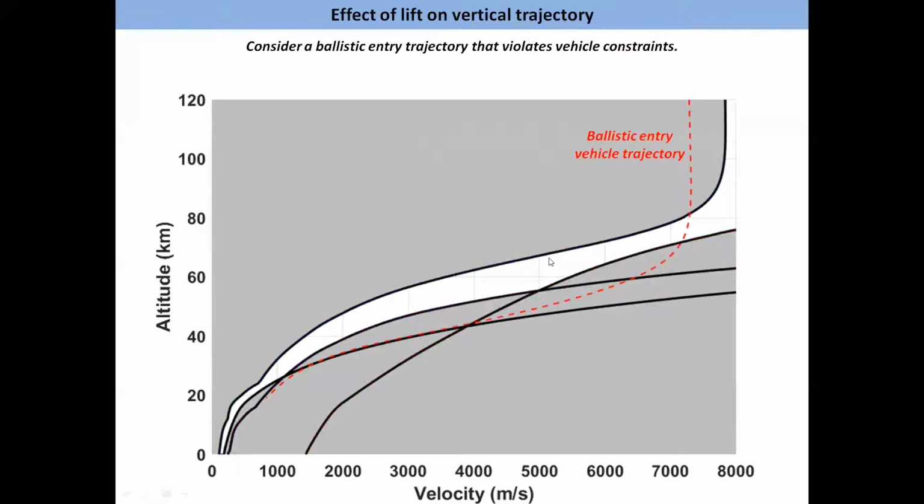Now, looking at the effect of lift on vertical trajectory, just to go through that quickly. Consider a ballistic entry vehicle trajectory here. Since it has no lift, and because of the particular ballistic coefficient it has, you see that it violates all these constraints while descending through the atmosphere.